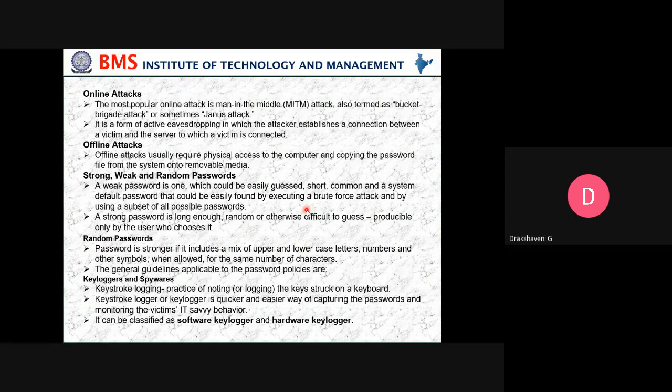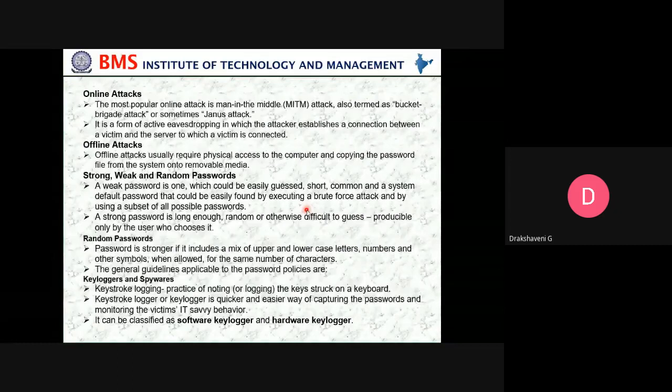Strong, weak, and random passwords. A weak password is one which could be easily guessed: short, common, or a system default password that could be easily found by executing a brute force attack and by using a subset of all possible passwords. So then what is a strong password? It is long enough, random, otherwise difficult to guess, producible only by the user who created it.